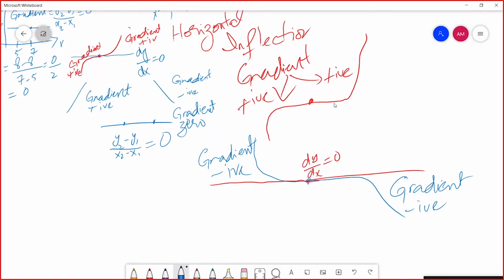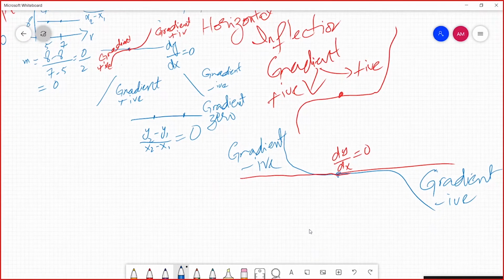Point of inflection means the curve is becoming horizontal. Do you understand that? And if the gradient is negative before and after the stationary point, it means the curve is coming from up to down and then becoming horizontal and then again going down. Does it make sense?